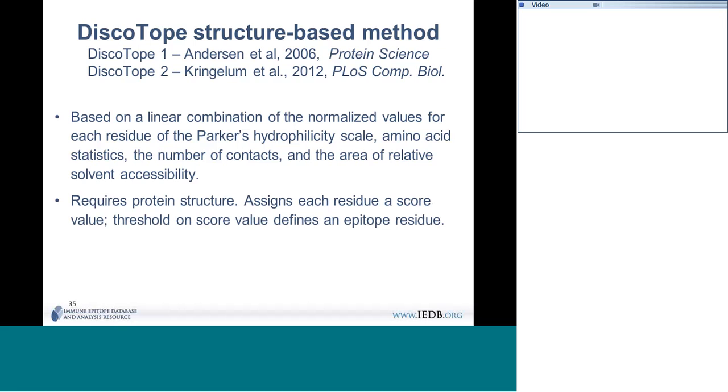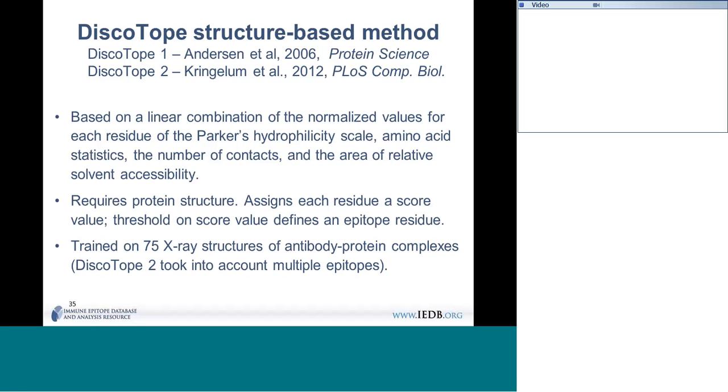I will tell you a little bit about modeling later. The method assigns to each residue a score value, and based on a threshold, one can tell if this residue can be a part of an epitope or not. It was trained on 75 X-ray structures of antibody protein complexes, and DiscoTope also took into account multiple epitopes.